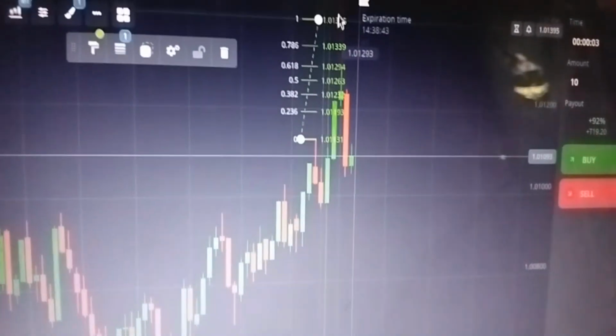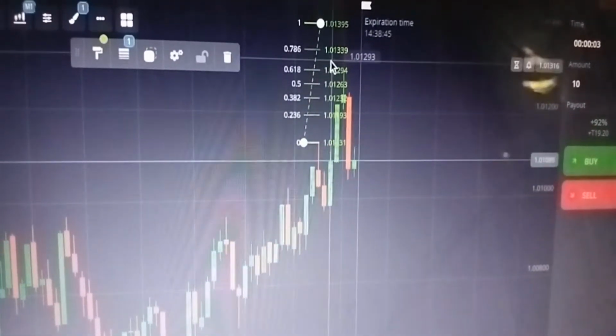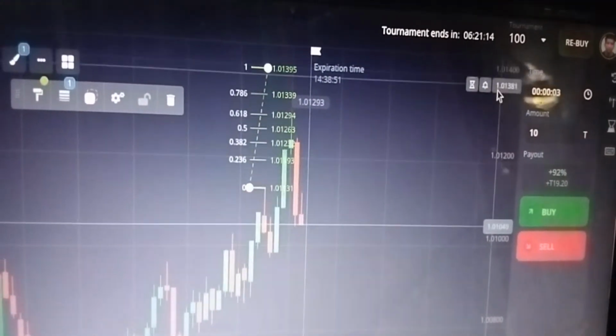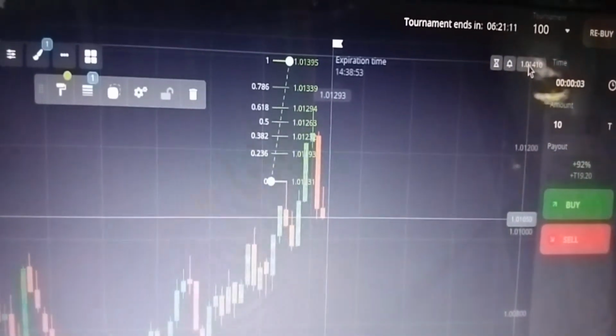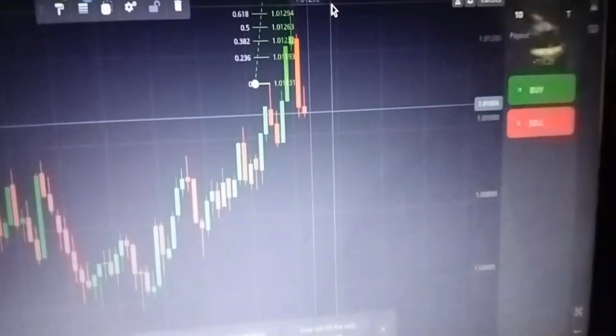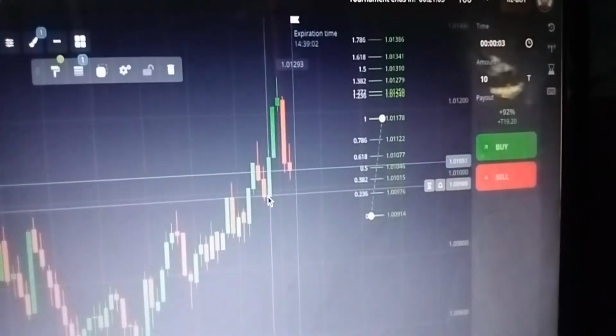So the TP for this range will be up there at 1.01400 sharp, 400. TP will be up there. So anyway, that would have been a nice play right there, that buy.